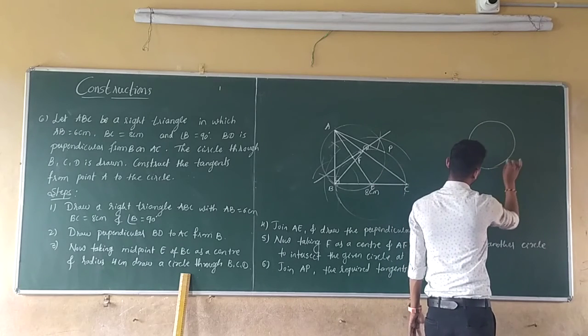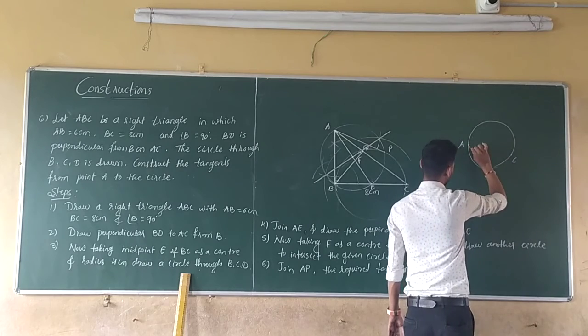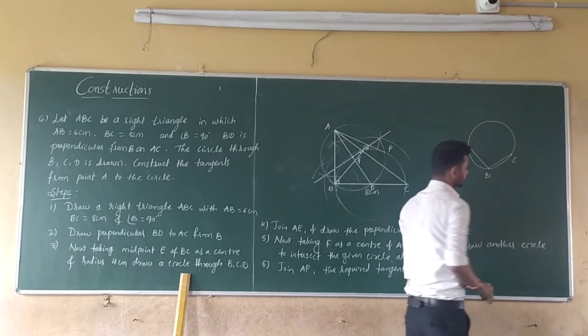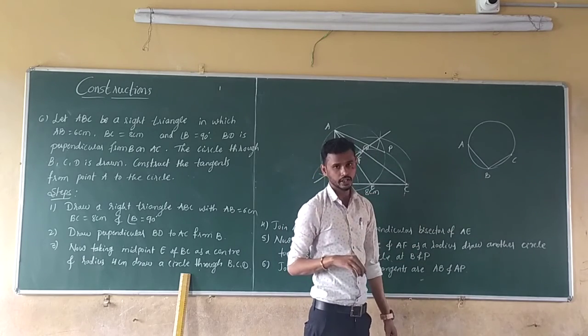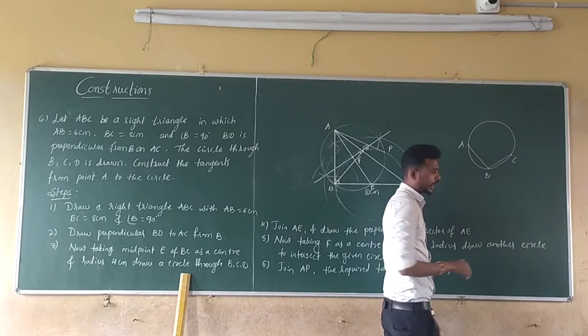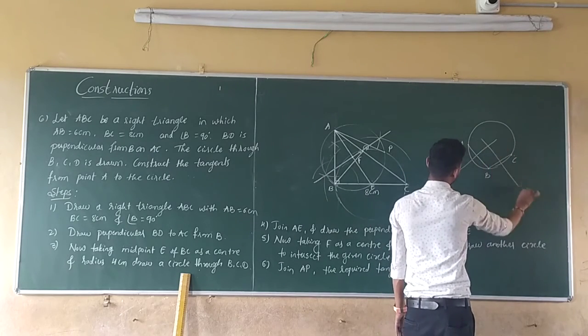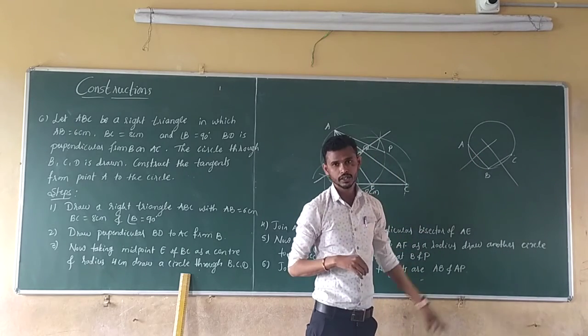Take 3 points on this circle and join these, or you can take 2 chords. Now find the perpendicular bisectors of AB and BC. Where the perpendicular bisectors intersect, that will be the center of the circle.